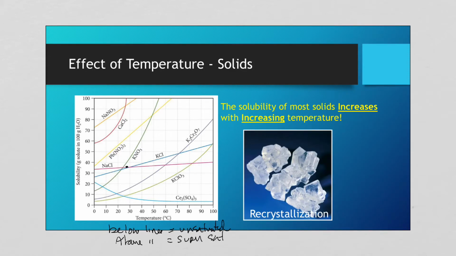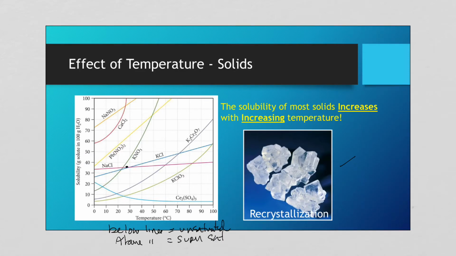And when that typically happens, we get quite pure material crystallizing out. So this idea of recrystallization, or taking advantage of the effects of temperature on solubility, is one way that we purify materials.